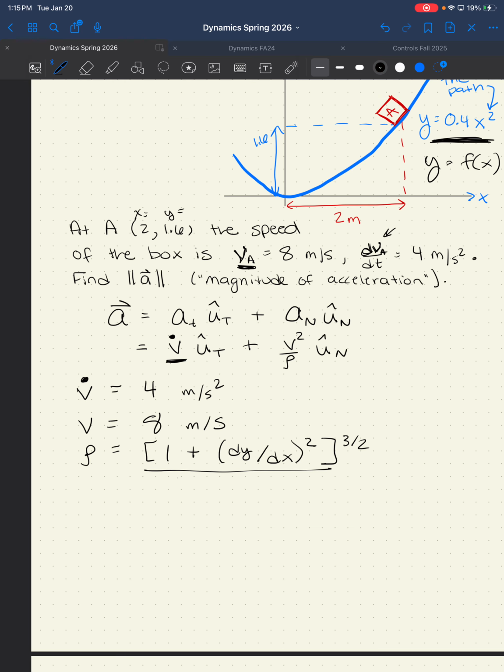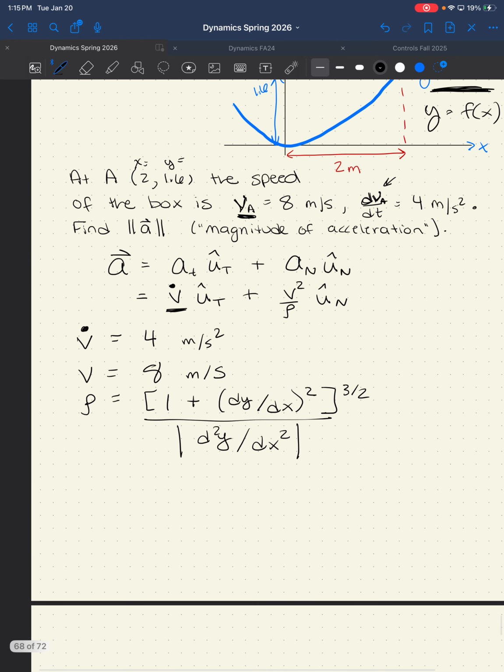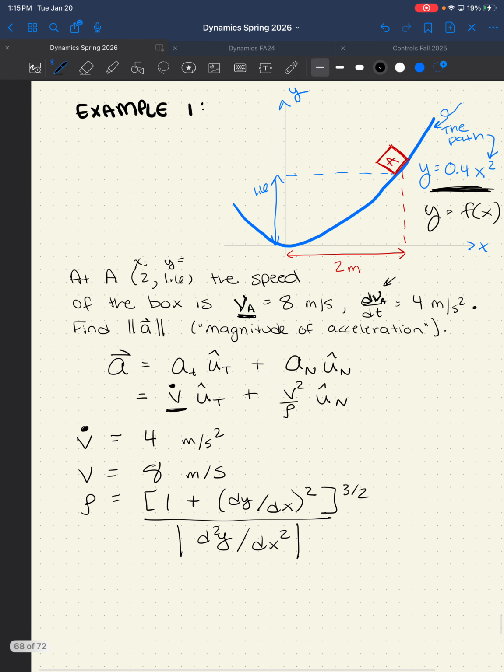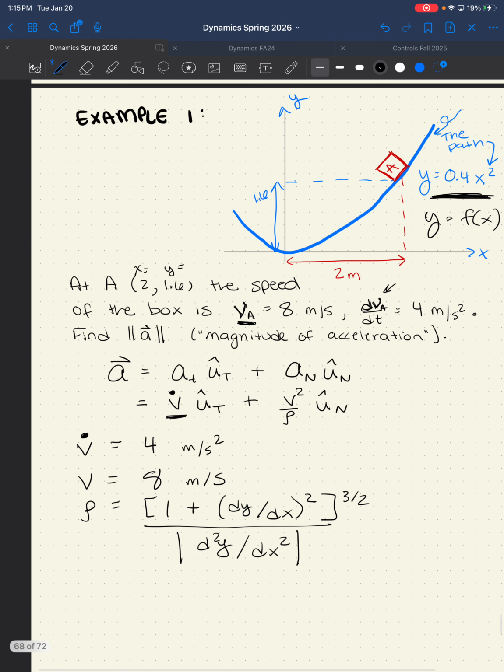I need one more step, right? What do I need? We need to take the magnitude. Yep. So the magnitude of acceleration is equal to the square root of each component squared. Anyone want to master calculate that for me?